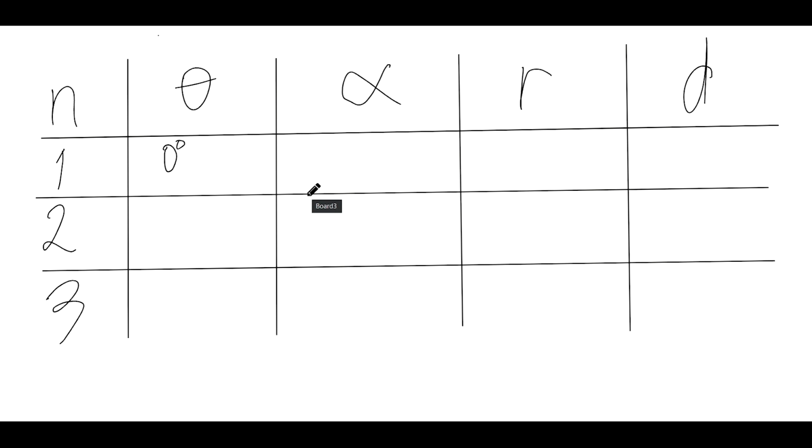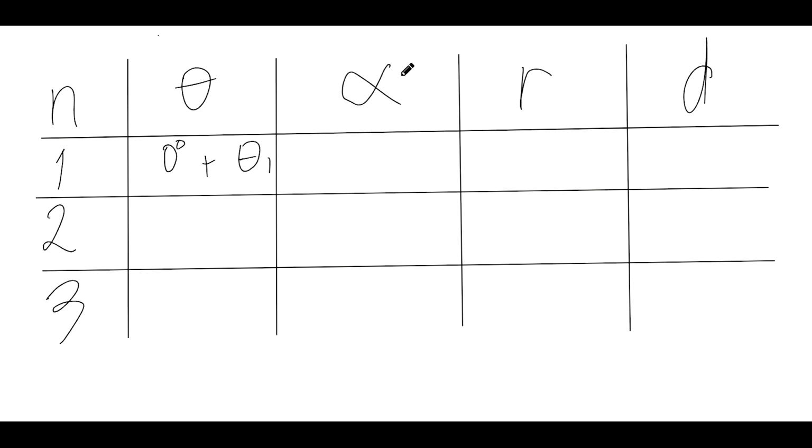The value of theta for this first row will be 0 degrees plus theta 1, or theta sub 1.